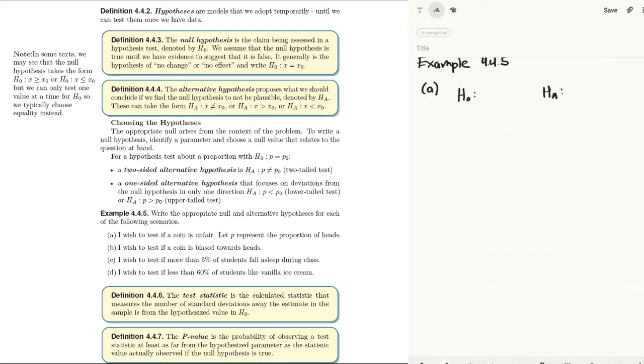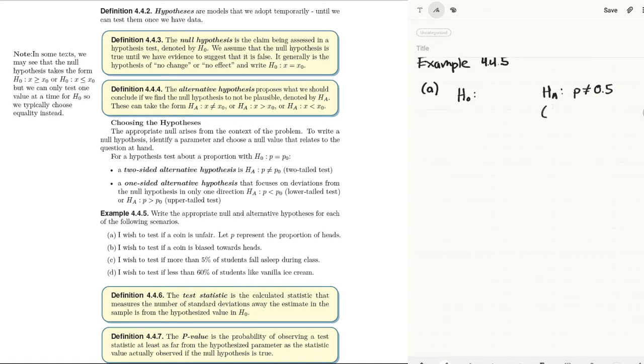Well, if the coin is fair, this would mean that the population proportion, P, would be equal to 0.5. So there's a 50-50 chance to see heads and tails. And since we want to test whether the coin is unfair, then the alternative hypothesis would be that P does not equal 0.5.